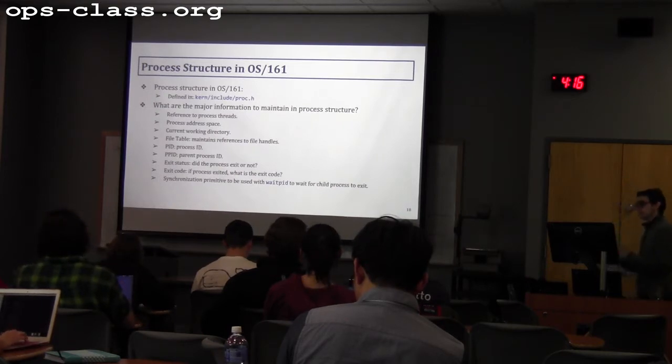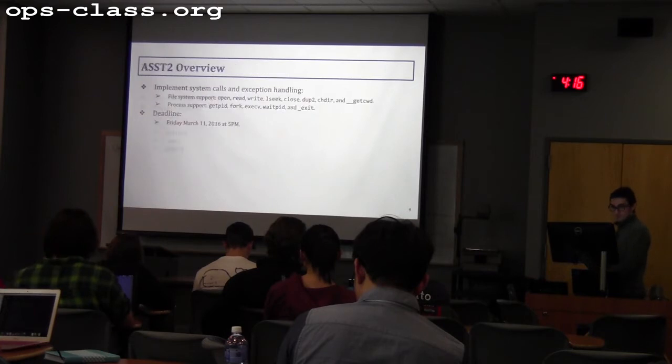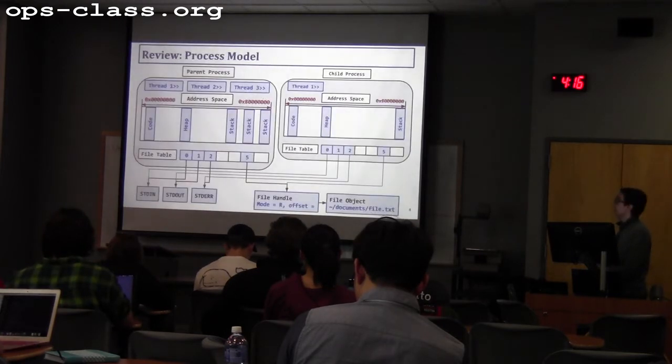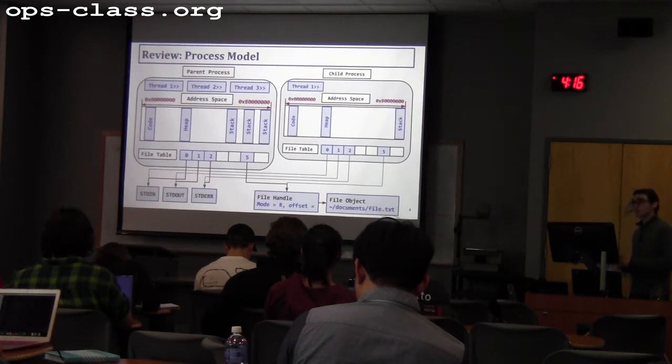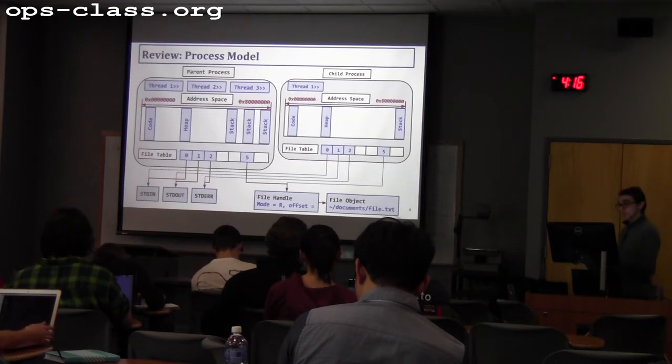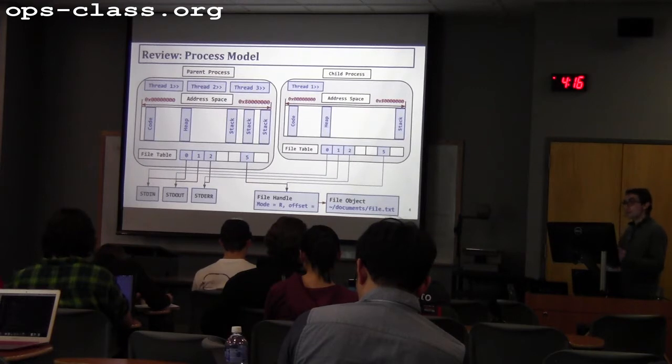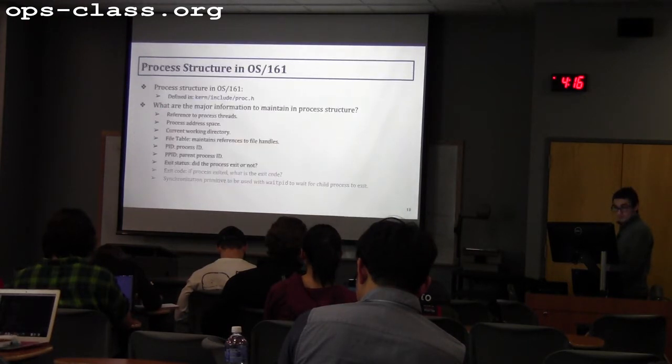As we see in that figure, every process could have several threads, but in OS 161 we assume every process has only 1 thread. So we should have some functionality that lets the process identify what thread it has, and the thread identify to which process it belongs.